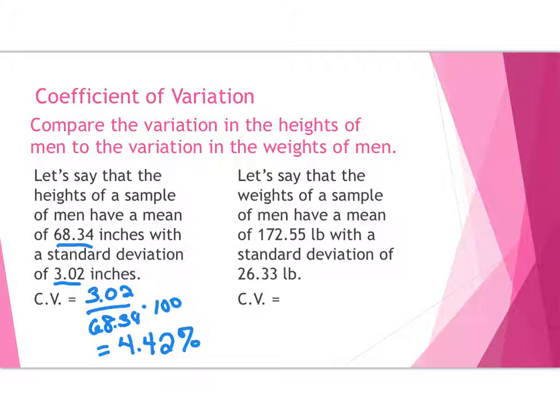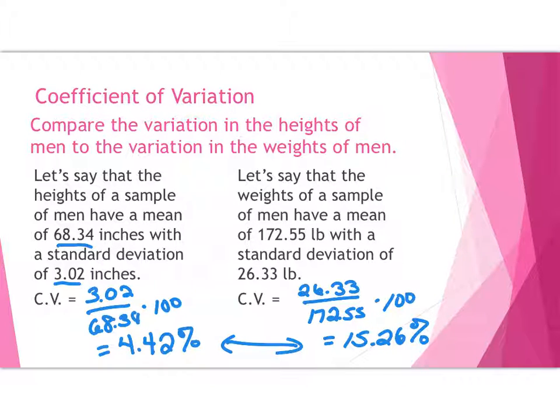To do the weights, 26.33 divided by 172.55 times 100 gives me 15.26%. When I compare these two, since I'm talking about heights being measured in inches and weights being measured in pounds, percents are comparable where inches and pounds aren't really.